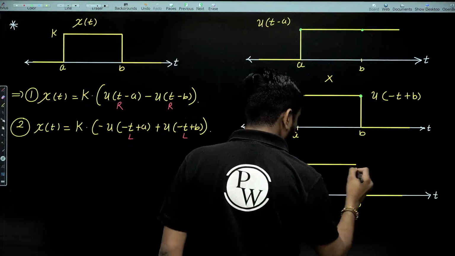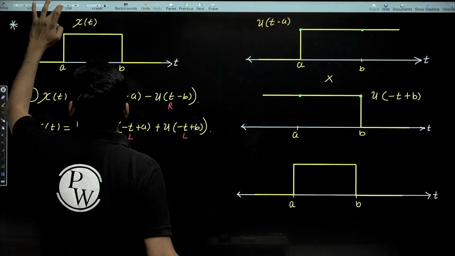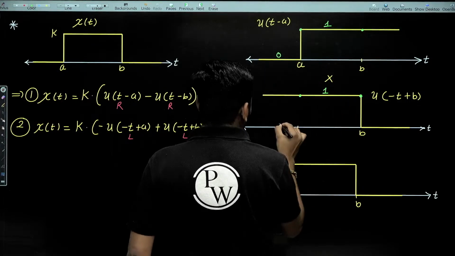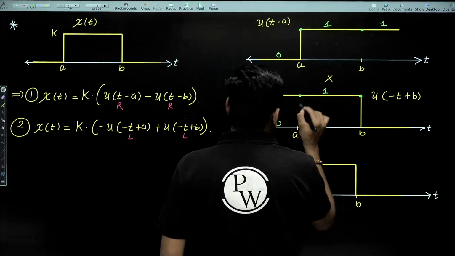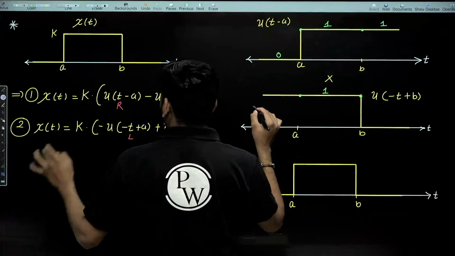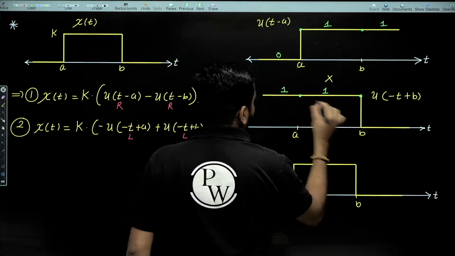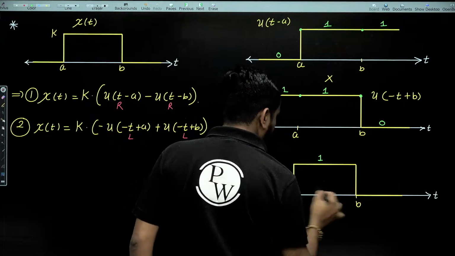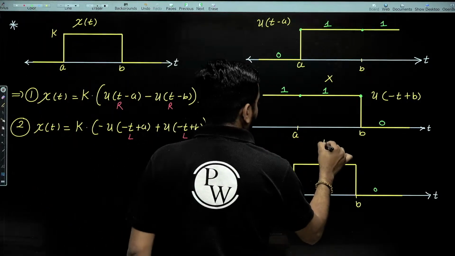So this is also valid. Here amplitude is 0, here 1, here amplitude is 0. So this is also a correct representation, but this time with multiplication.